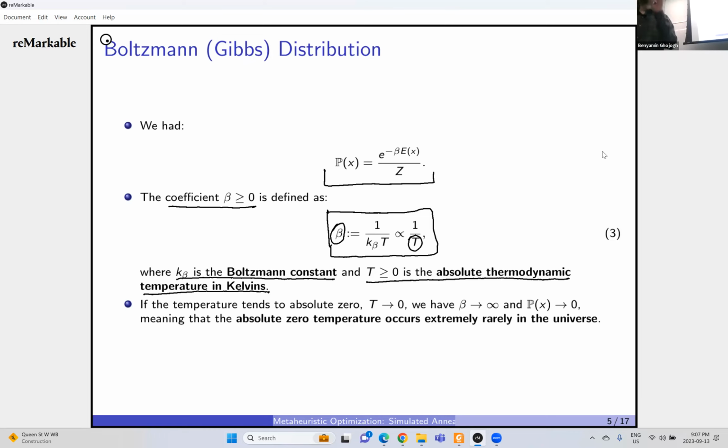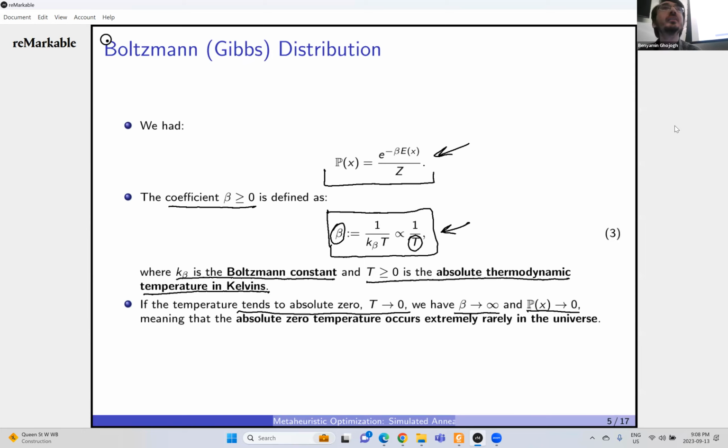Now let's analyze it, and now you will enjoy it part by part. If the temperature tends to absolute 0, the limit of T going to 0, what happens? Beta goes to infinity, right? Do you agree? If beta goes to infinity, what happens to P of x? P of x goes to 0.